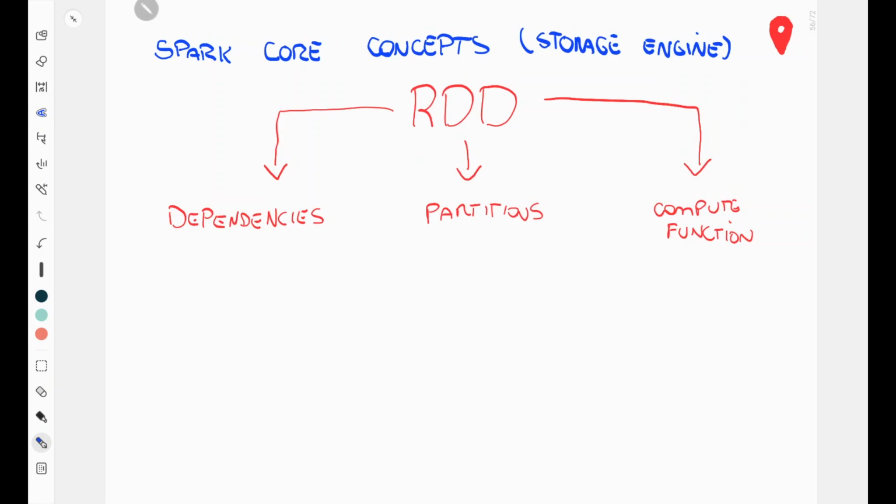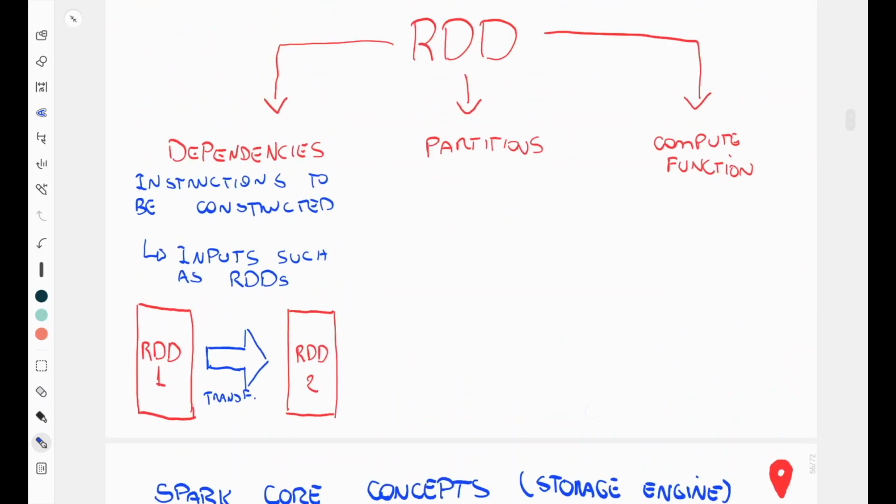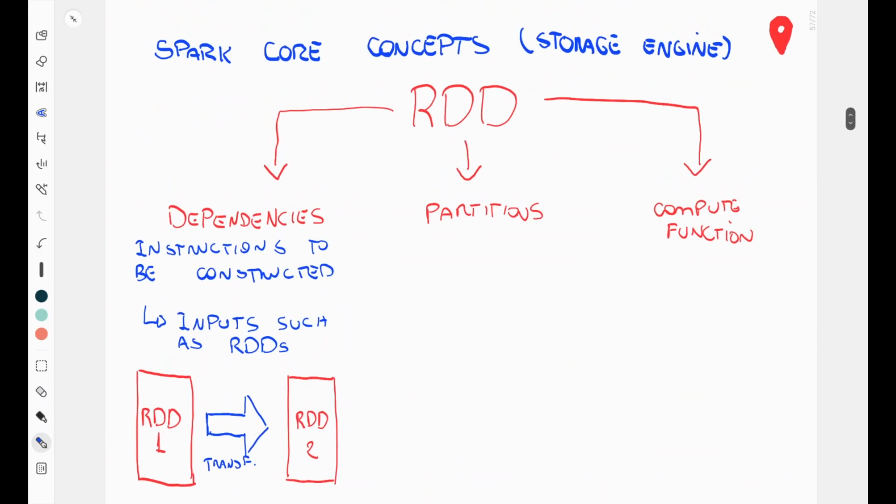RDD has three main concepts: dependencies, partitions, and compute functions. And this will make it very understandable why it's so simple and so good, the data structures. So dependencies, you have instructions to construct the RDD.